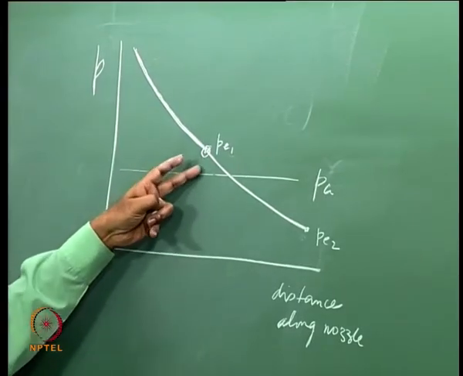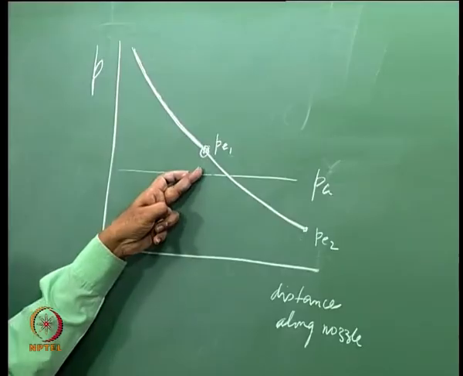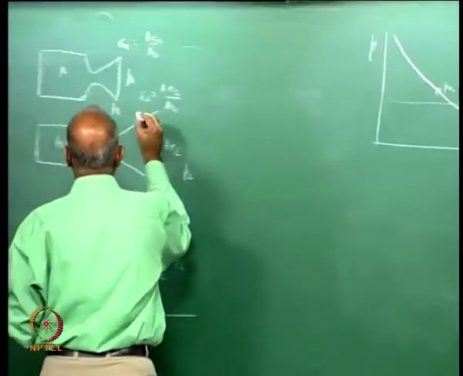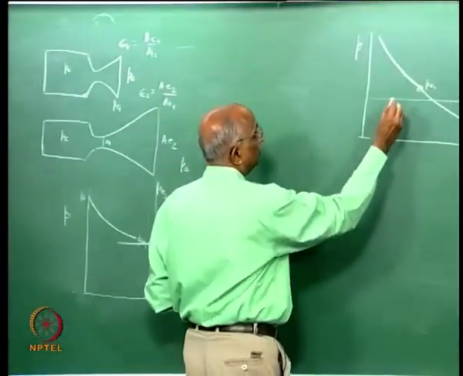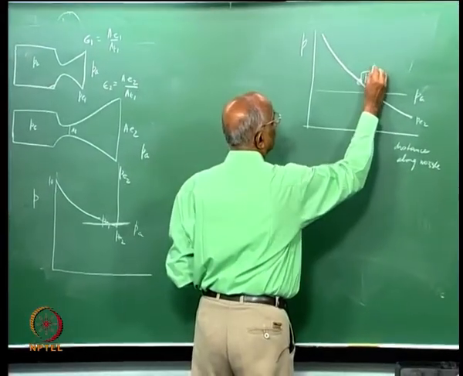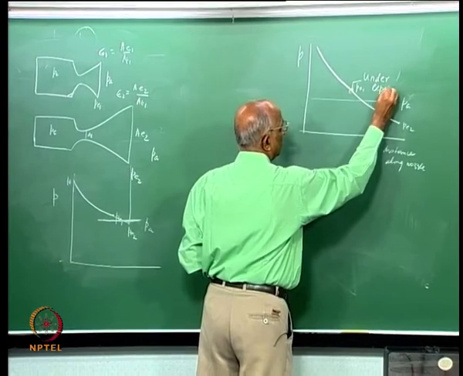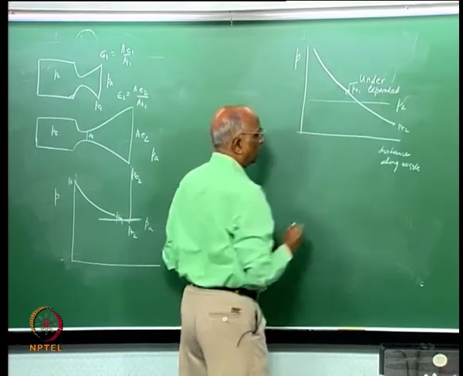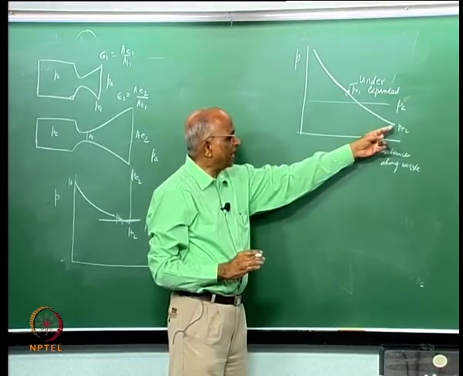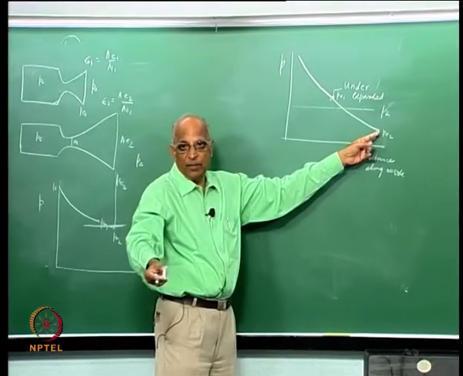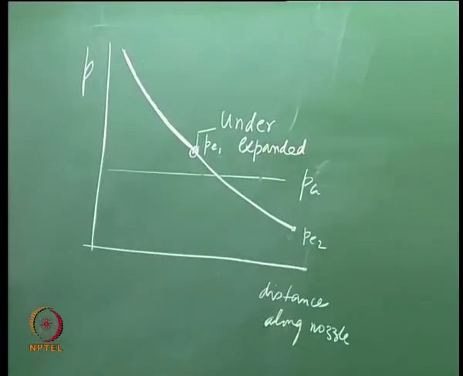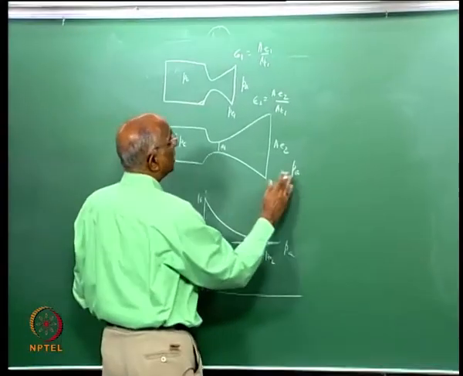The expansion is not completed. Therefore I call this nozzle an under expanded nozzle. In the second case I expand it over and above the ambient pressure, therefore I call this particular nozzle an over expanded nozzle.